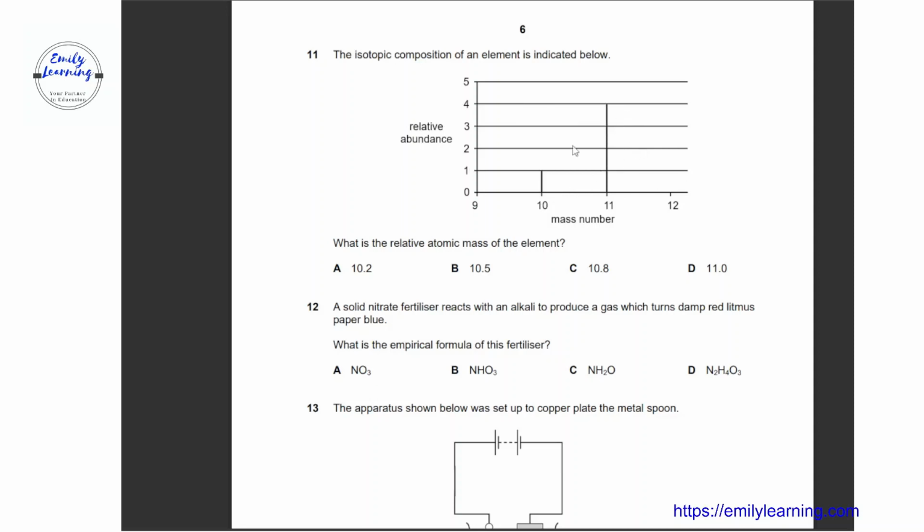So what's the average? It's 1 times 10 plus 4 times 11, divided by 5. This gives us an answer of 10.8, which is C.